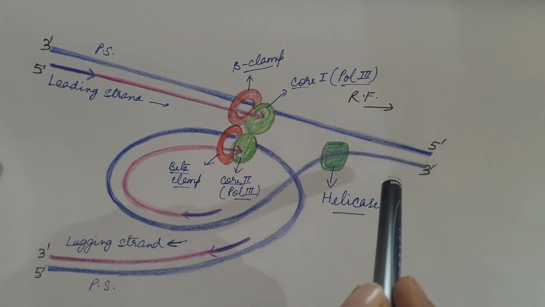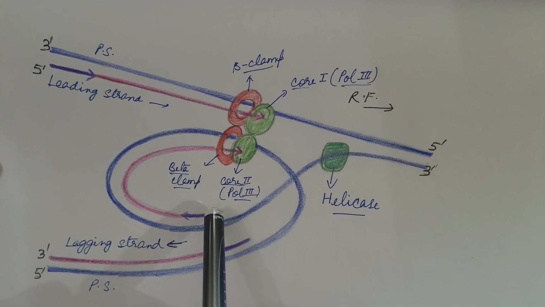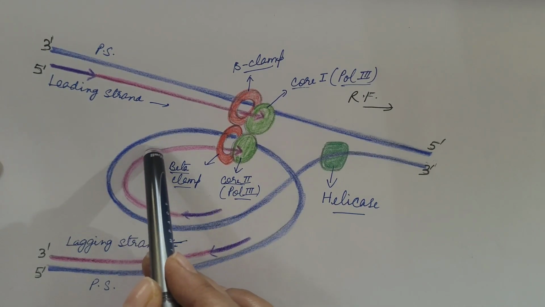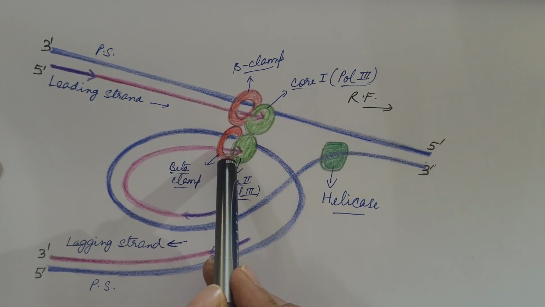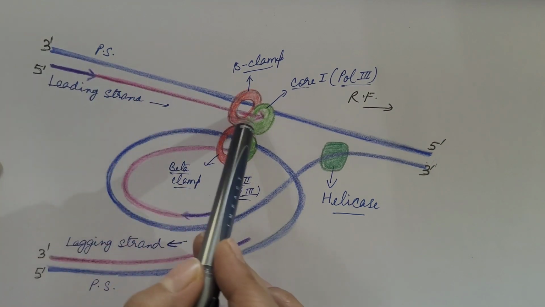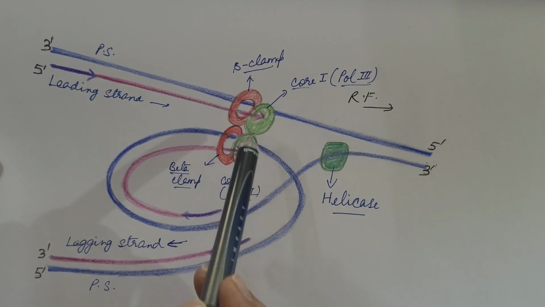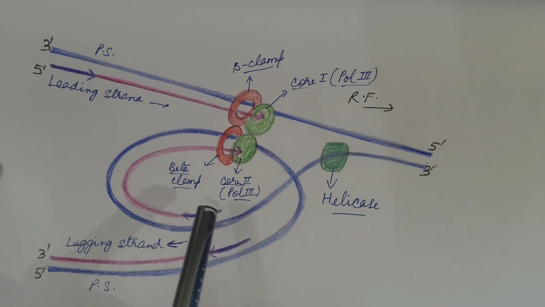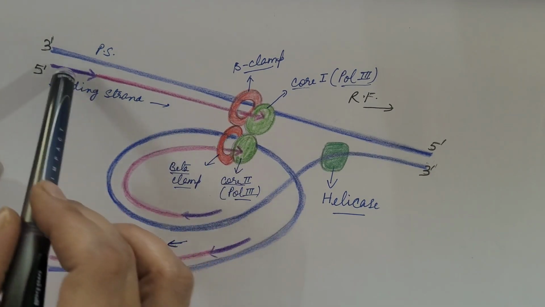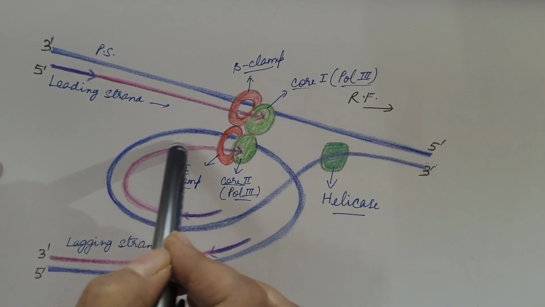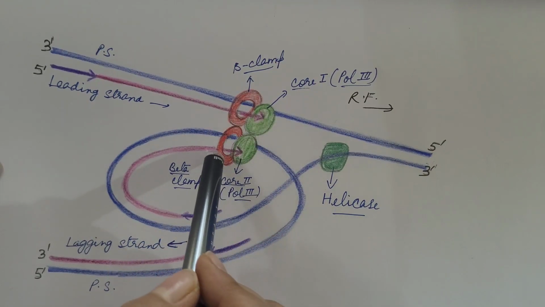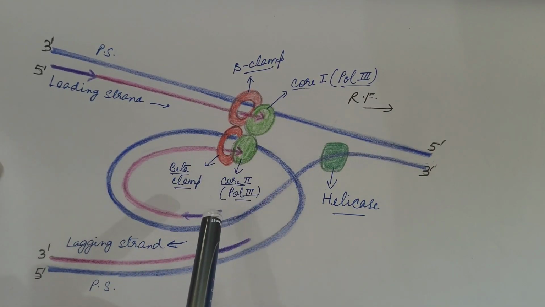Due to the looping, now what happens? The direction of the synthesis of the Okazaki fragment of the lagging strand is the same as that of the leading strand. So these two strands can now be synthesized simultaneously in the same direction.